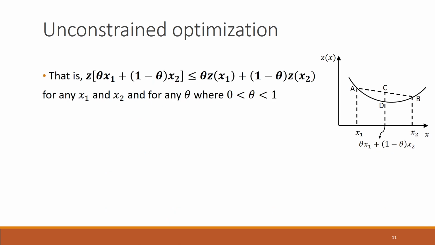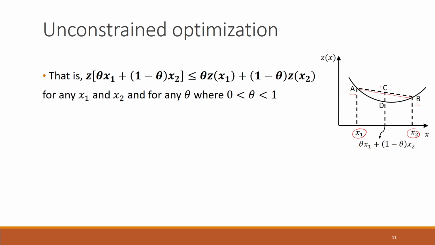So, to understand this, let us take this diagram here. Suppose we have arbitrarily picked any 2 points in this function, suppose x1 and x2. So, the points on the function at these values x1 and x2 are A and B. Now, mathematically this condition that this function z is convex means that if you draw a line segment which connects these 2 points A and B, which is this line segment here, this line segment will never go below the corresponding point on the function.